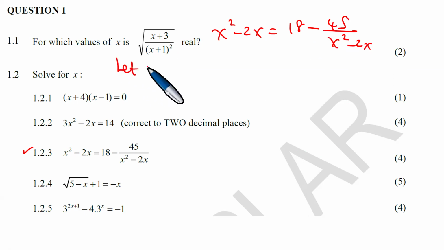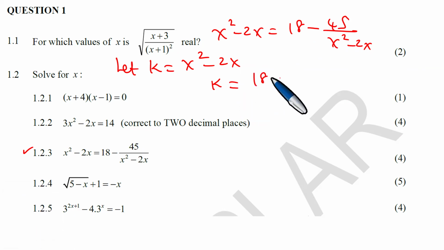You let k be x squared minus 2x, so that wherever there is x squared minus 2x, you put k. You put k equals 18 minus 45 over k.